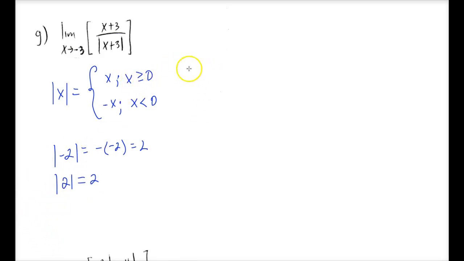Okay? So because of that, I can now say the absolute value of x plus 3 is defined as x plus 3, and this will be for all values of x that are greater than or equal to -3, because of course plugging in -3 here would make this expression x plus 3 be 0.